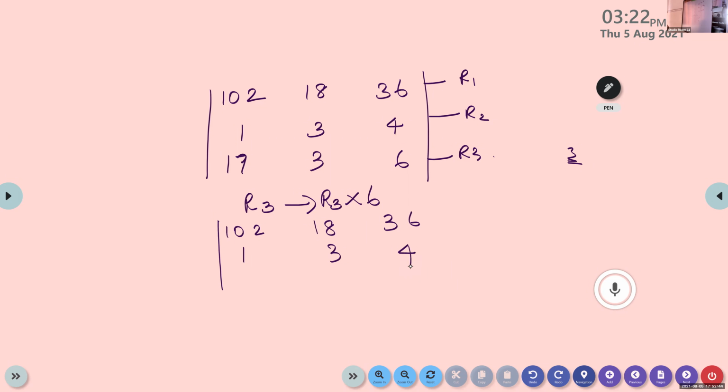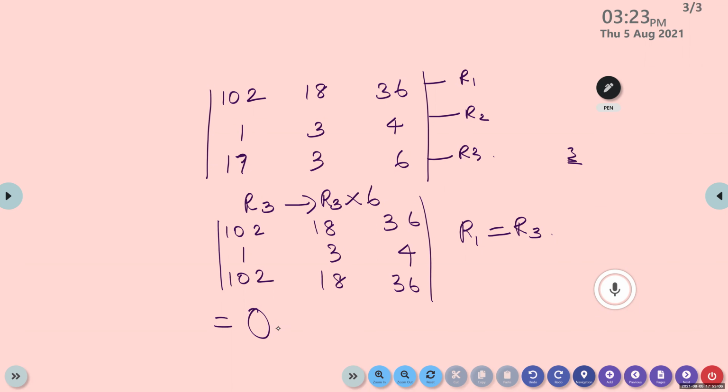But when you multiply the third row by 6, you get 102, 18, 36. So R1 is the same as R3. Two rows are identical. If two rows are identical, what will be the value of the determinant? It is 0. You can use row operations or you can use column operations.